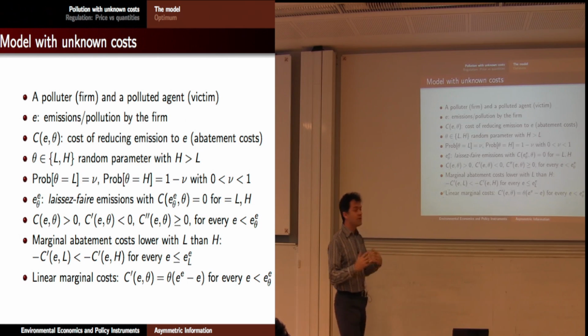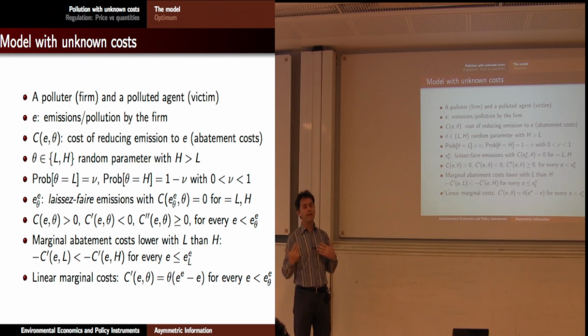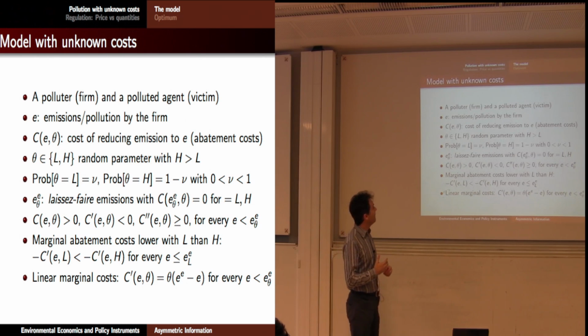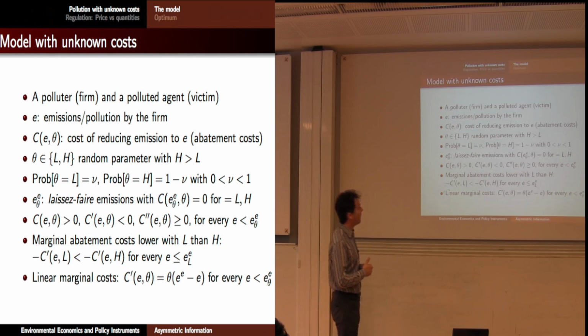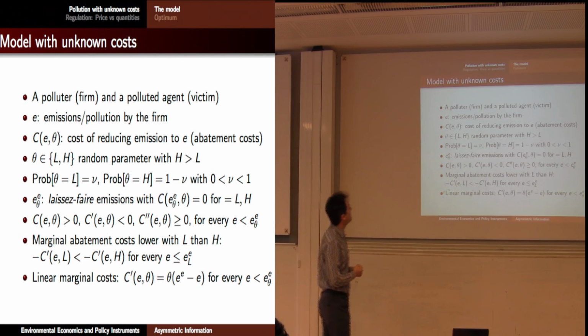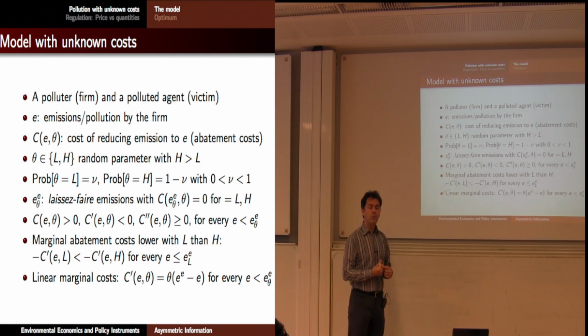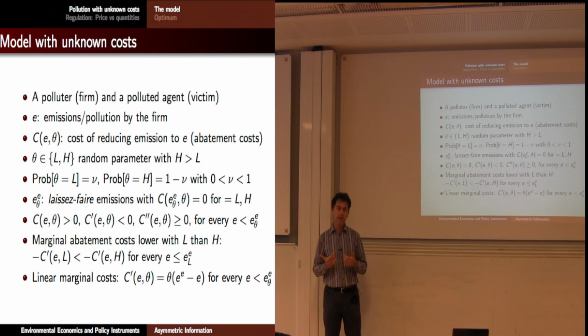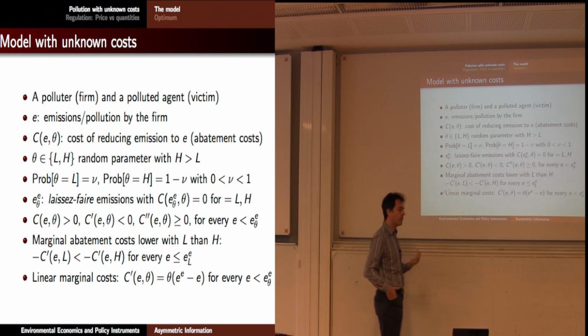You can model with emissions, or you can consider abatement as a decision choice by the firm. Okay. So I will denote by E the level of emissions by the firm, and there's a cost of reducing emissions, which will be captured by this cost function, which depends on two parameters: the level of emissions. The less emission you have, the more costly it is.